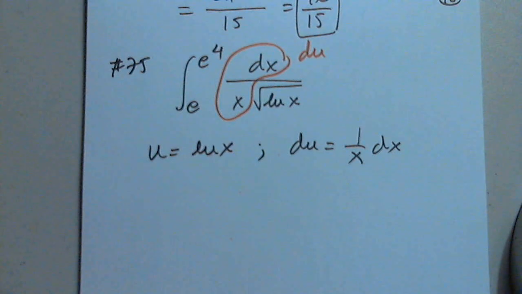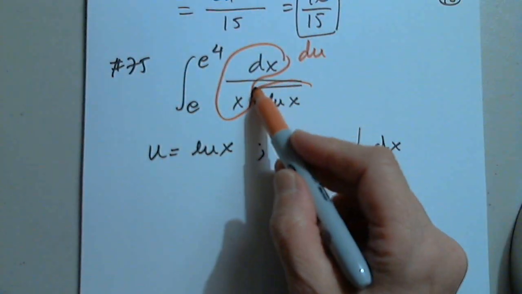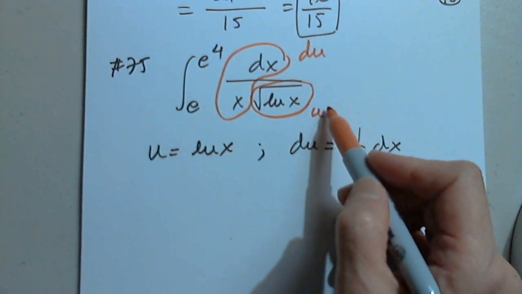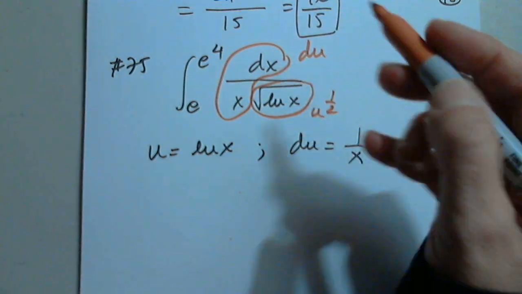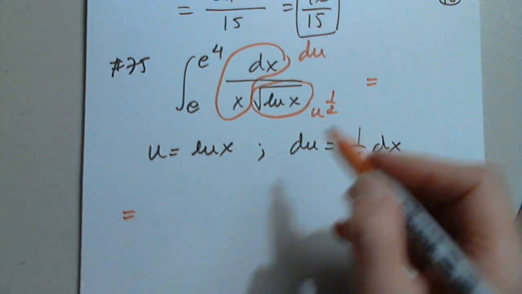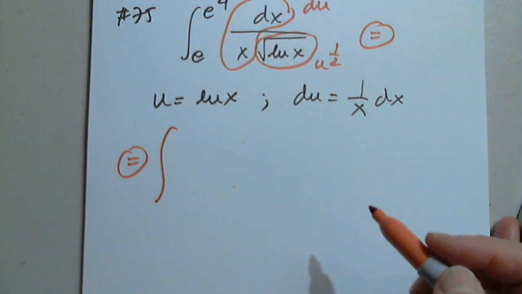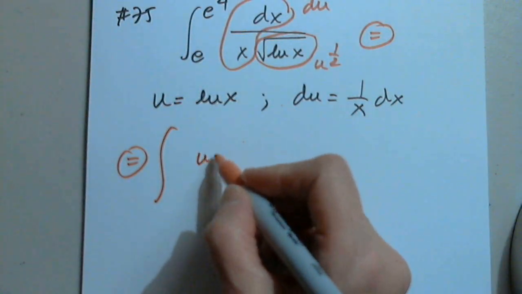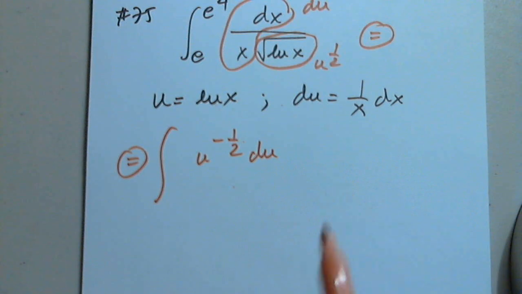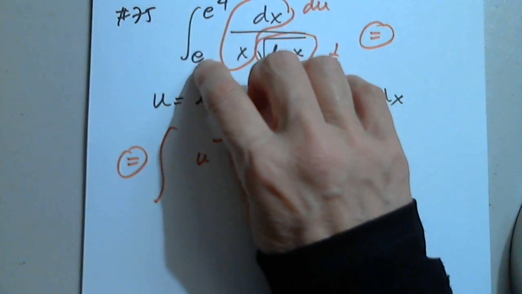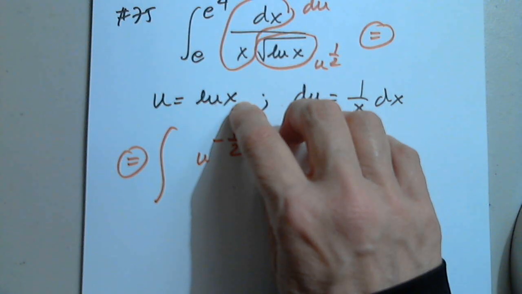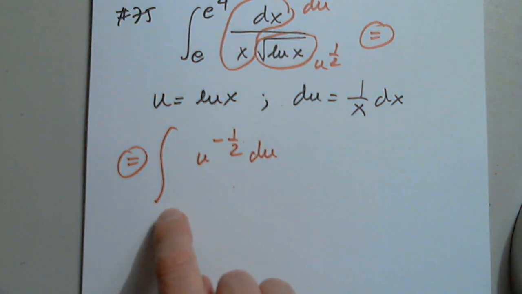That's my du. And this is the square root of u, or u to 1/2, and I will bring it up. Do not copy the limits of integration. So I have u to negative 1/2 du. When x is e, how much is u?